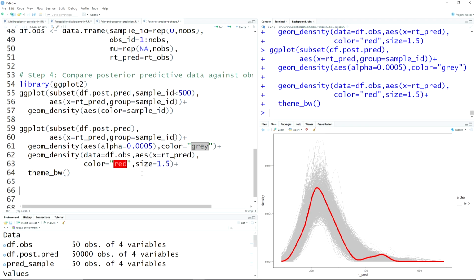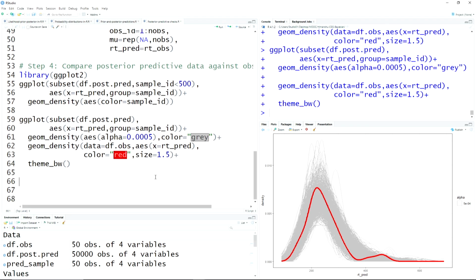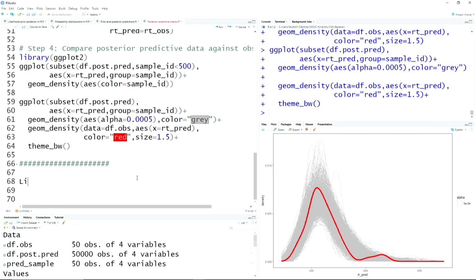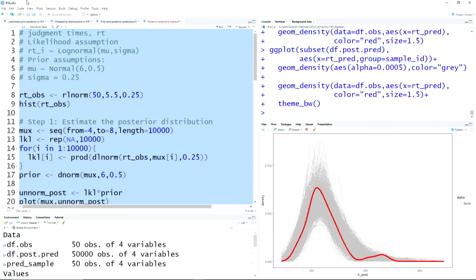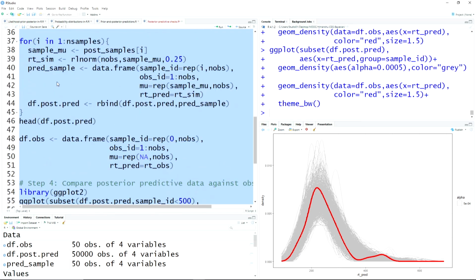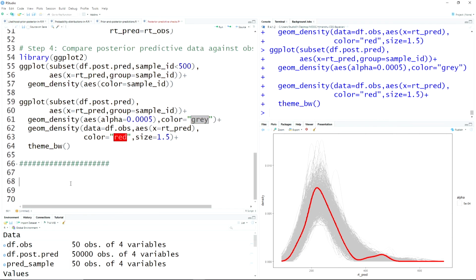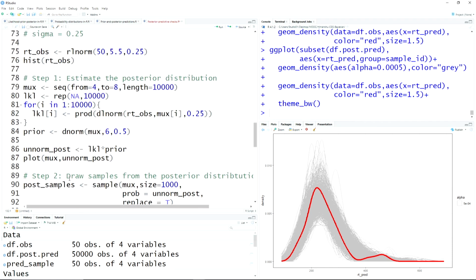Okay. Now, let us take an example basically for the same data. What if your likelihood assumption is different? Okay. So, let us do exactly the same things, but with a minor change in our likelihood assumption.